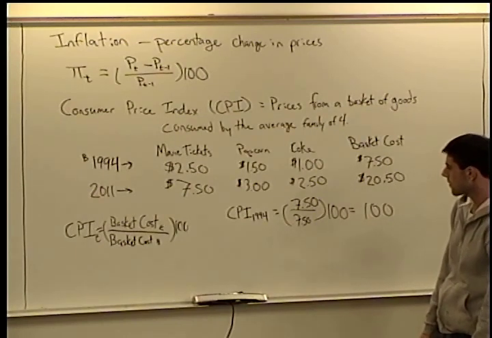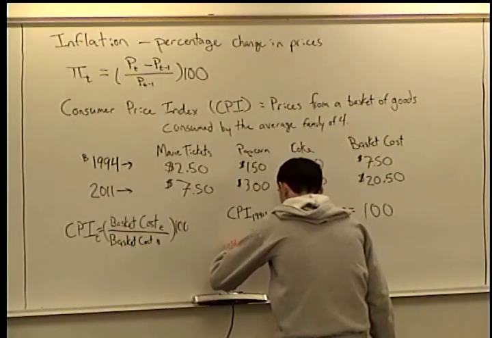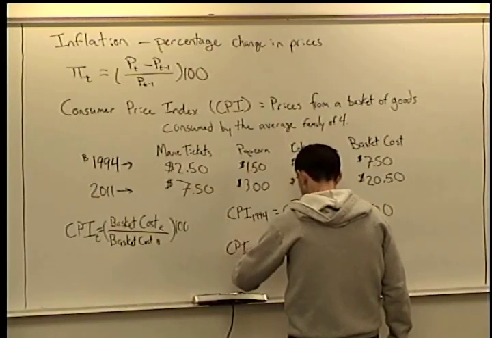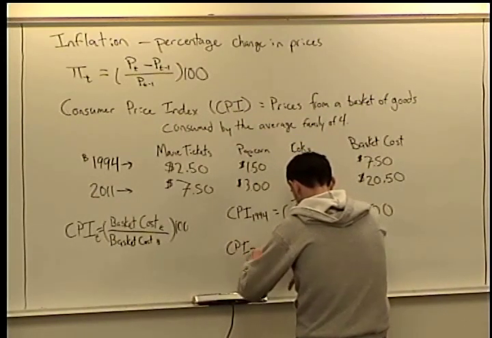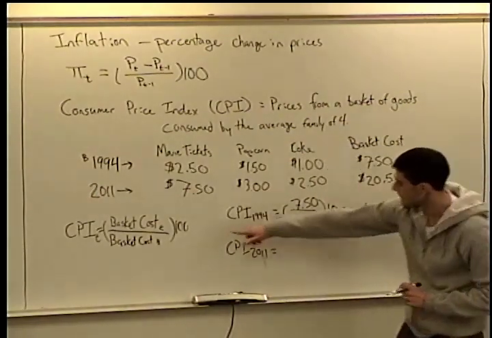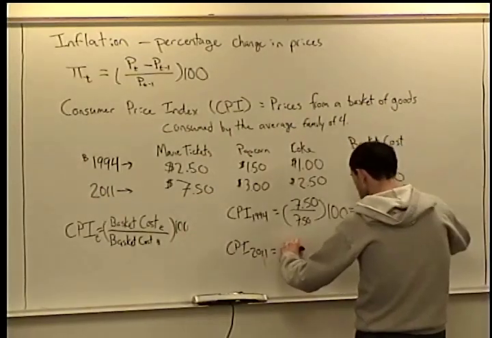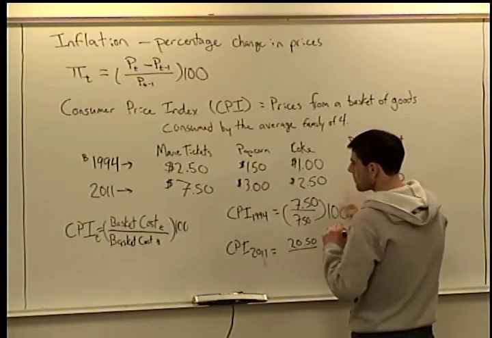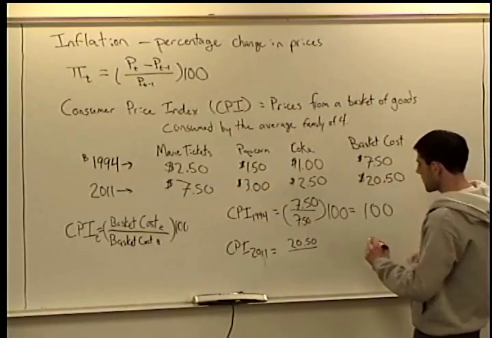Okay. For the next example, we want to find the CPI in 2011. Okay, that's going to be equal to the basket cost in 2011, $20.50, over the basket cost in the base year, which is 1994, $7.50.